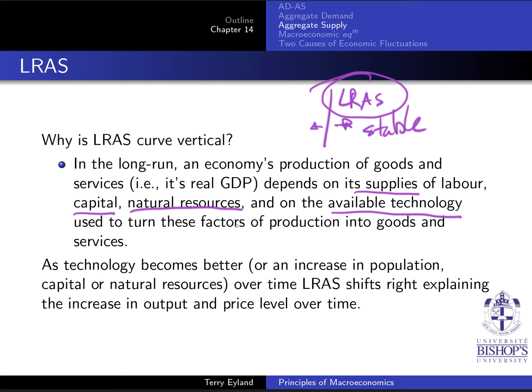So if you imagine a classroom full of students, and that's the total amount of workers in the economy, if they all have a job, some are making tables, some are making chairs, some are making pens. If they're all working normal work weeks, that's the output level that they'll be producing. Of course, if there's a massive increase in capital, like machinery that they have access to, they'll be able to produce more.